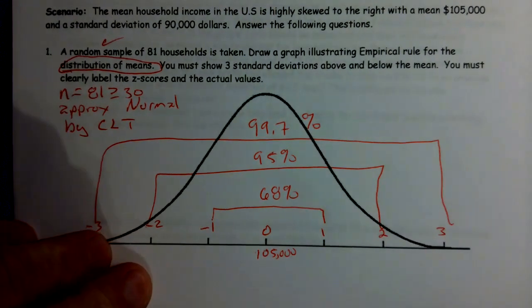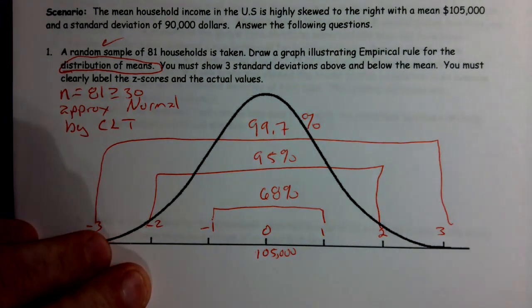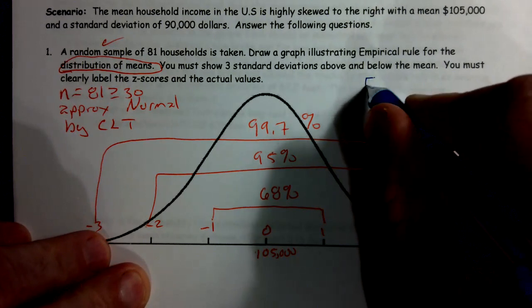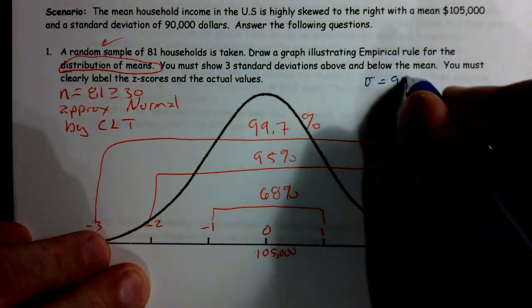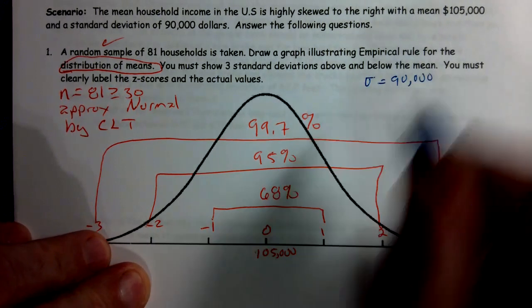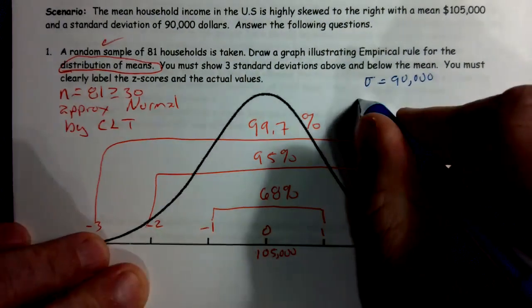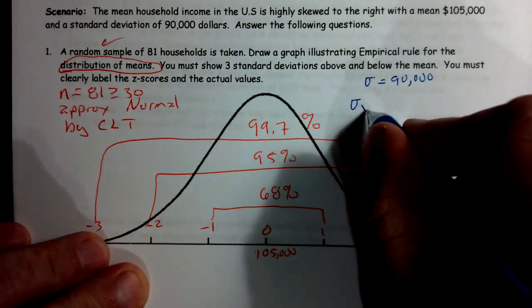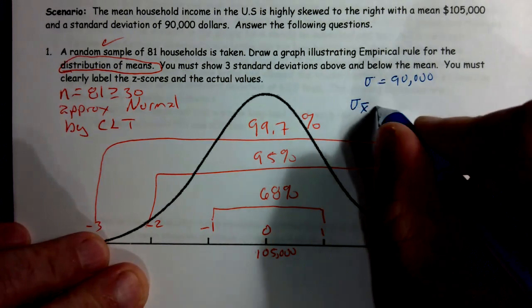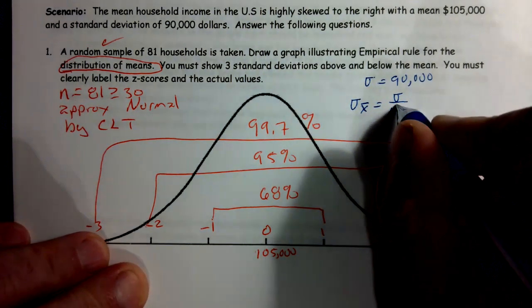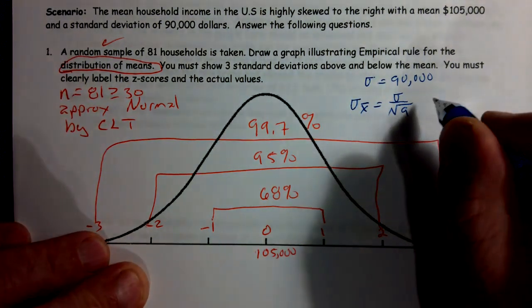Well, the distribution of the population has a standard deviation of 90,000. So standard deviation is 90,000 for the population, but we're not interested in that because we're working with the distribution of means. And the distribution of means is the standard deviation of x bar, which is the standard deviation of the population divided by the square root of n.